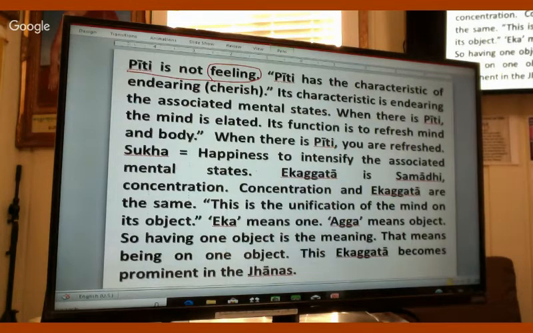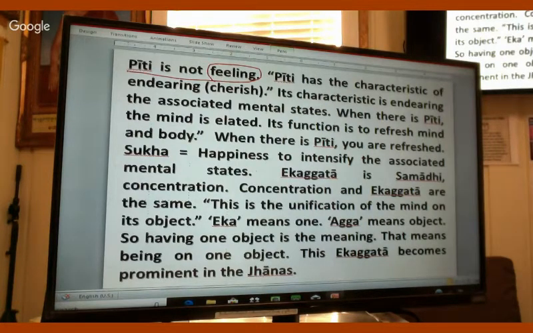But piti and feeling are closely connected. Piti is not feeling, but piti works with feeling. Somanassa, sukha, that kind of feeling works with piti. Because of that feeling, piti increases more and more in your mind. So, what about the characteristic of piti?